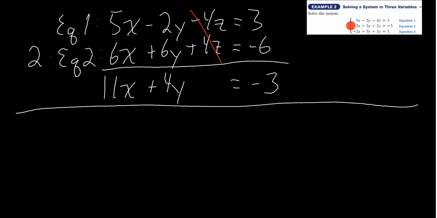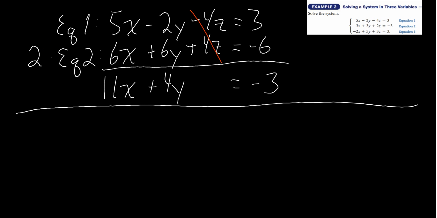Okay, so we're going to look at equation 2 and equation 3. We want to get rid of the z still. Since I got rid of the z in equation 1 and equation 2, I'm going to get rid of the z for equation 2 and equation 3.